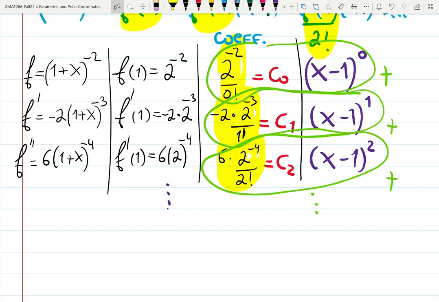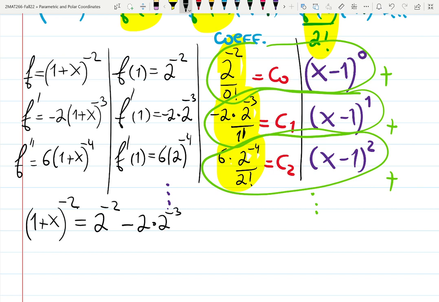Let's write it down. The answer: 1 plus x to the minus 2 equals an infinite polynomial. The first coefficient is 2 to the minus 2 multiplied by x minus 1 to the 0. I just keep it. The second one is minus 2 times 2 to the minus 3.